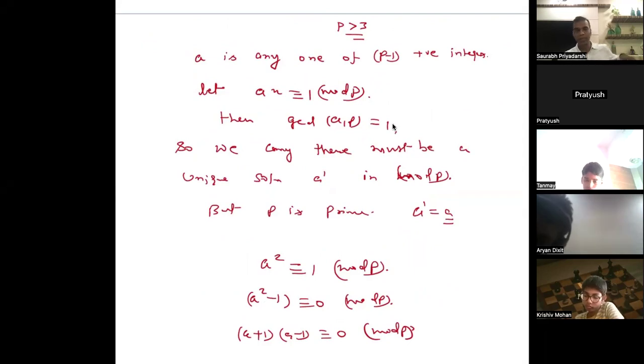If I assume that this is the unique number I have, a equal to a', then 100% we are getting a² ≡ 1 and a² − 1 ≡ 0, and that must be either a + 1 or a − 1 mod p. But there is some problem in this.